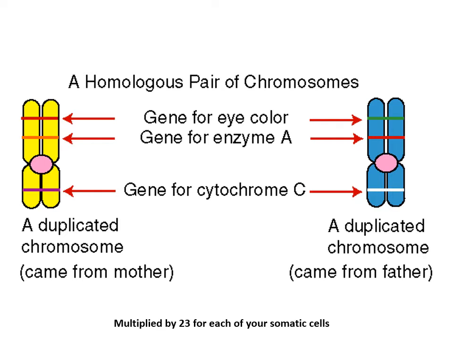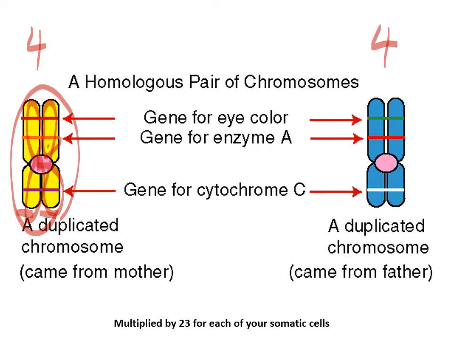So homologous pairs of chromosomes, again, you've got these duplicated chromosomes, so one copy and another copy of the exact same information, making up a duplicated chromosome that consists of chromatids attached at the centromere, of which, if this is chromosome number 4, you have 2 versions of that chromosome.